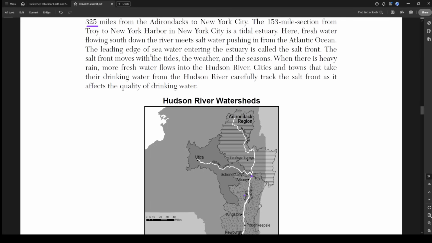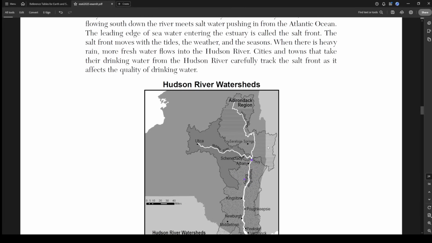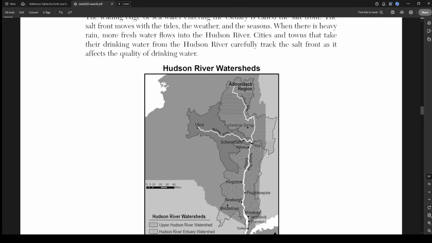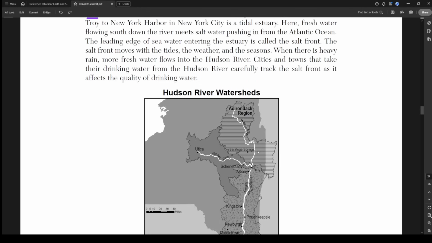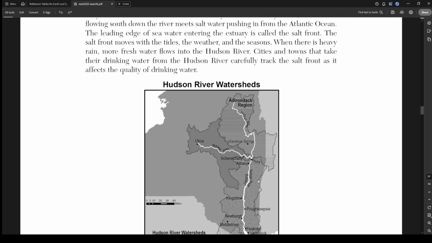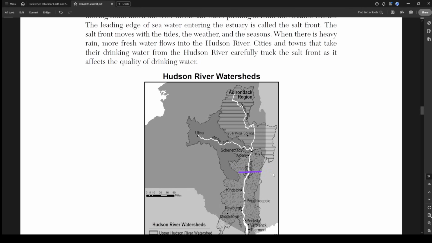The leading edge of fresh water flowing south down the river meets salt water pushing in from the Atlantic Ocean. The leading edge of seawater entering the estuary is called the salt front. And where is it saying that is? Right here. So that's where they're saying pretty much is the salt front.